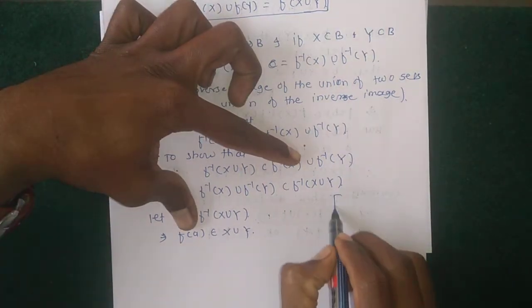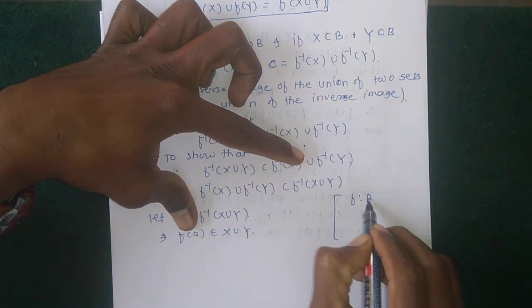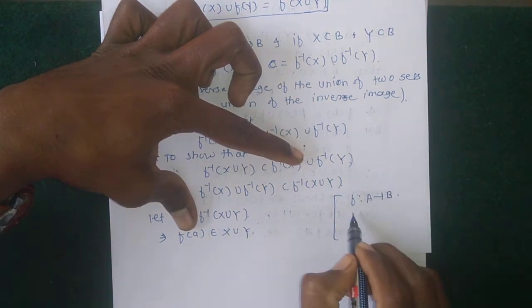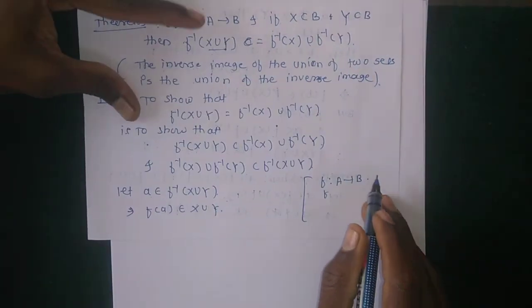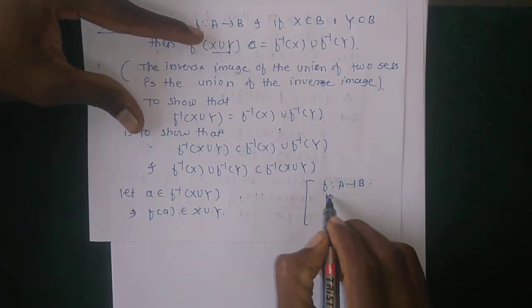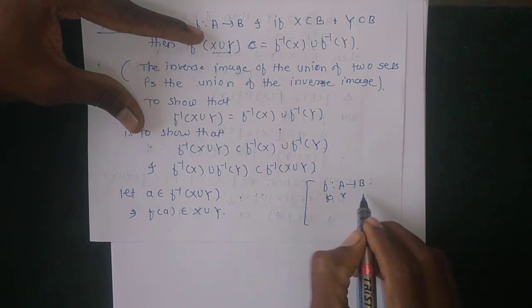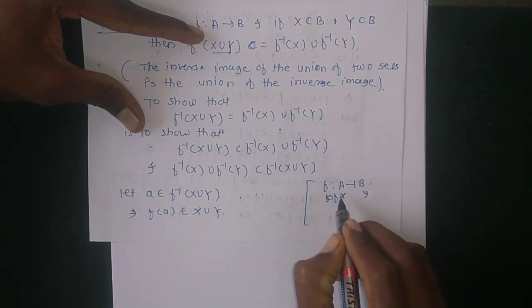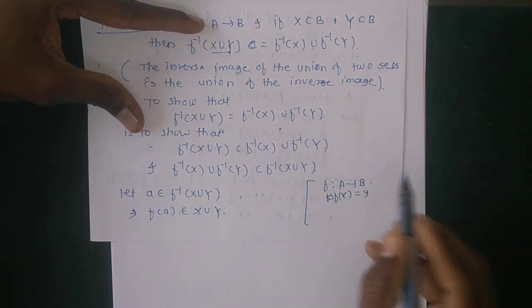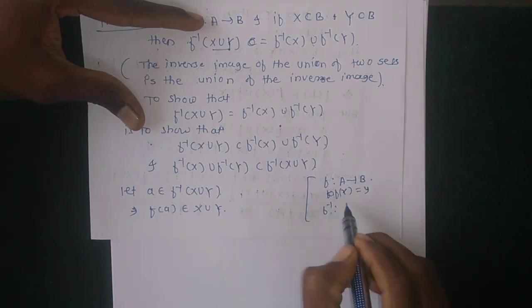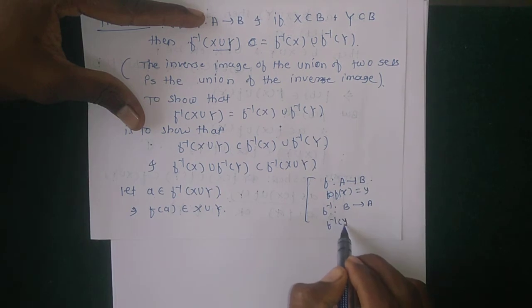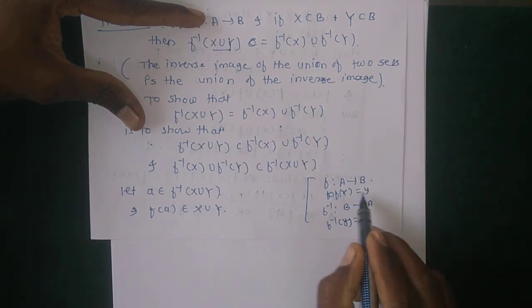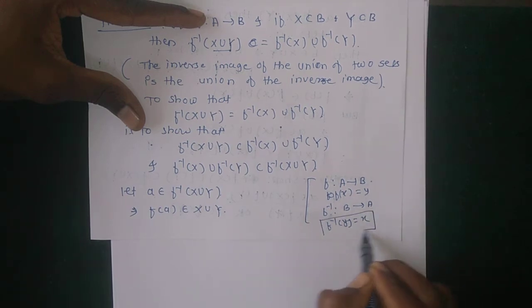Because f from A to B is a defined function. Suppose we take any element from X and any element from Y, and f of x is equal to y. Then the inverse function is defined from B to A such that f inverse of y is equal to x.